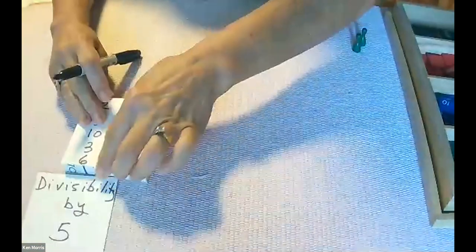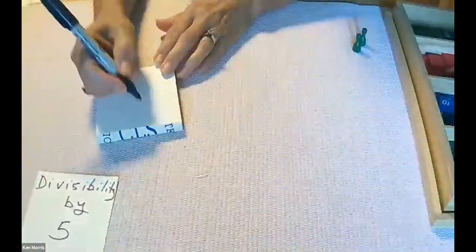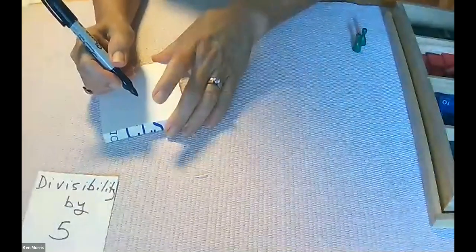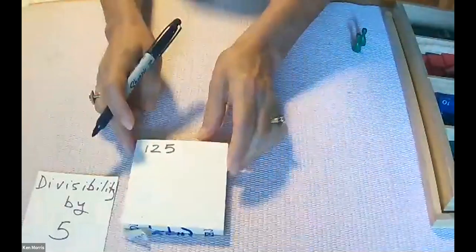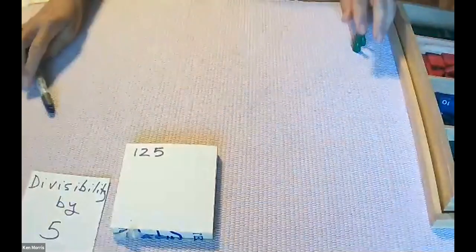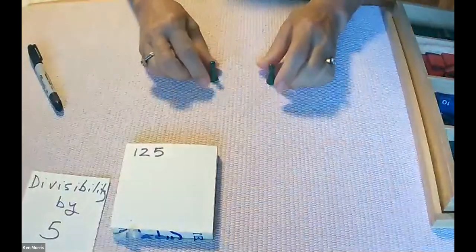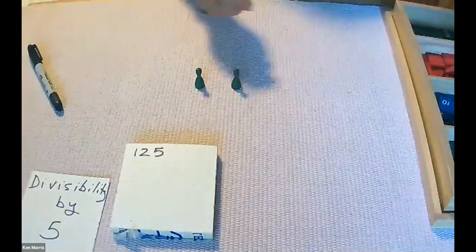So we are going to start with the number 125. And we are testing for divisibility by 5, so I need to get 5 Skittles for my divisor.